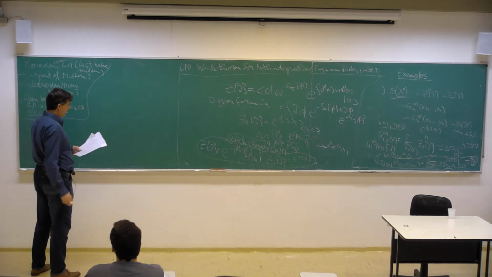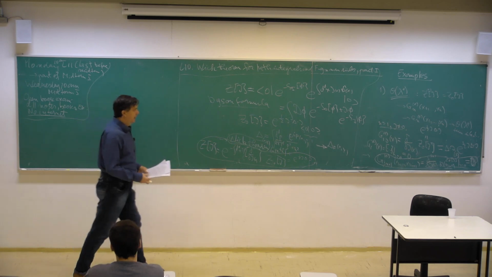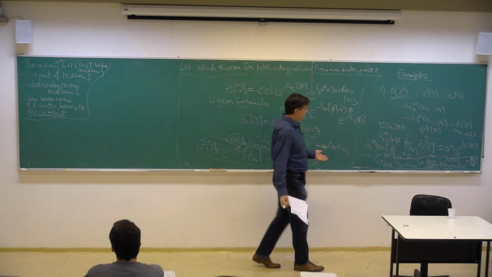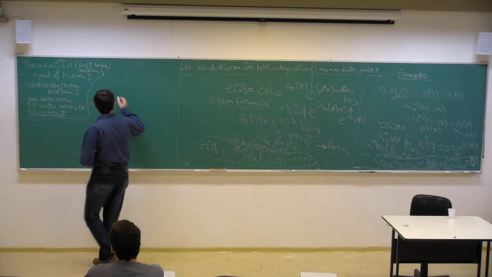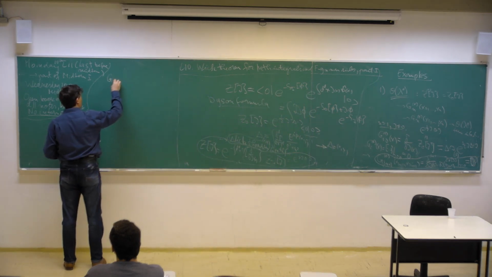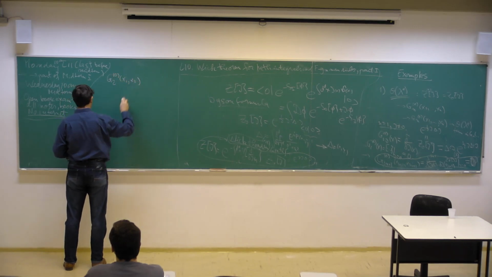Okay. Next, let's consider then the first non-zero case, the two-point function. So G2 0 x1 x2.